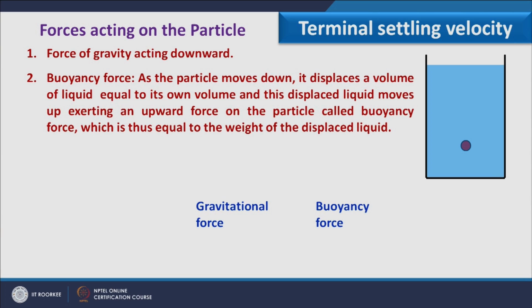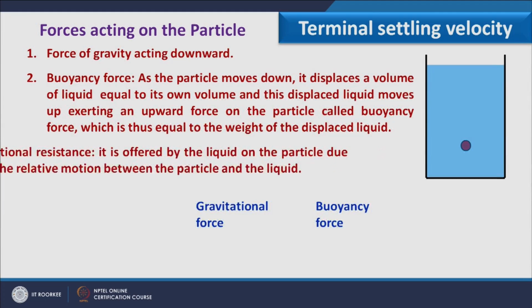As the particle moves down, it displaces a volume of liquid equal to its own volume. This displaced liquid moves upward, and therefore it exerts an upward force on the particle, and that force we call buoyancy force, which is equal to the weight of the displaced liquid.